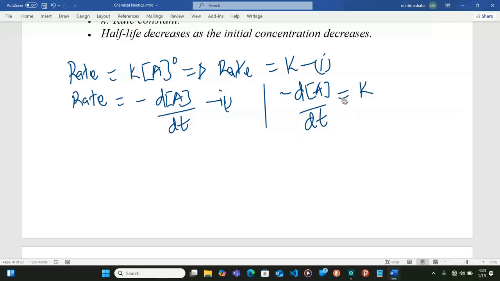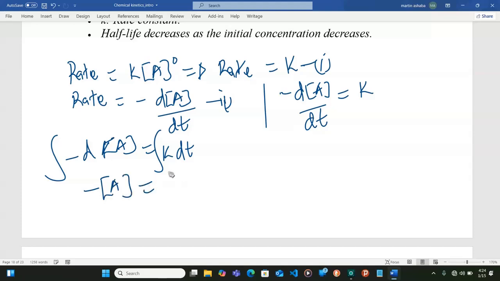If I integrate, I transfer the dt to this side and then integrate. So negative d[A] is equal to k dt. Doing the integration, I find that negative [A] will equal kt plus a constant.